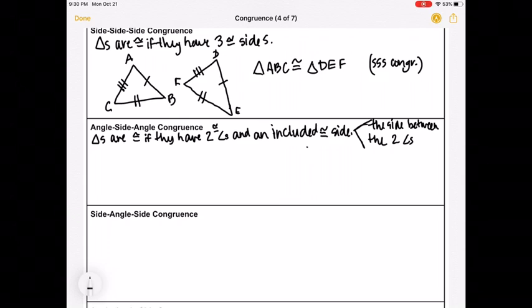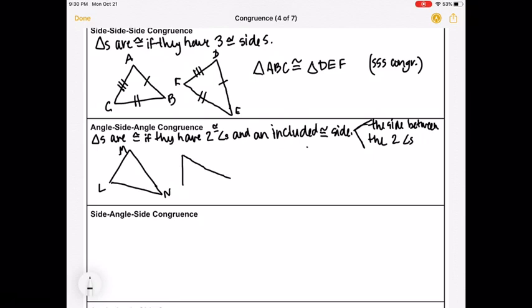All right, so for here, I'm going to draw LMN and XYZ. Okay, so let's say they give us that LM is congruent to XY, so I could mark that.